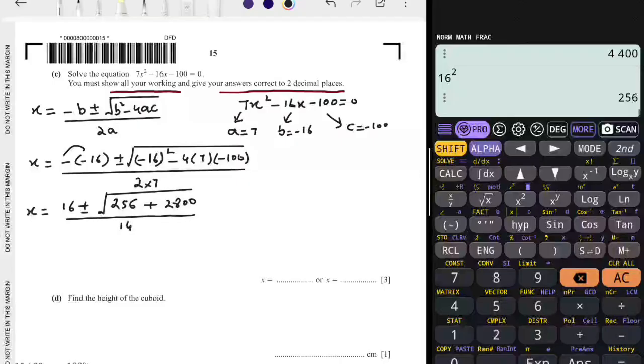So add 256 with 2800, we get 3056. So x is equal to 16 plus minus square root of 3056 divide by 14.